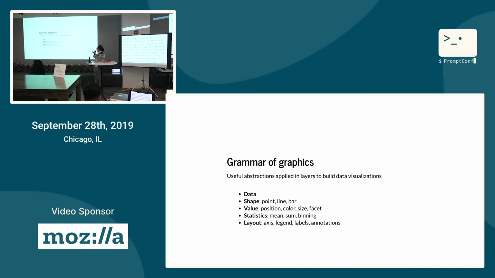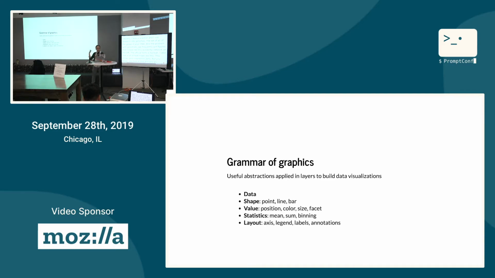So these layers all sort of begin, first of all, with the source data, of course. And then you can think about what shapes you're using to represent those data points, be it a point, a line, a bar. This will affect what kind of chart you create. Then you can also think about how you're representing this data. It could be position along the X or Y axis.